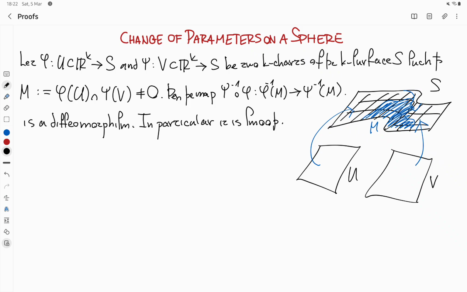Right. Moreover, it holds that D, or the Jacobian, of the composition of functions xi inverse and phi is equal to, and I will explain this notation in a second, the Jacobian of xi at v composed with the Jacobian of phi, right?